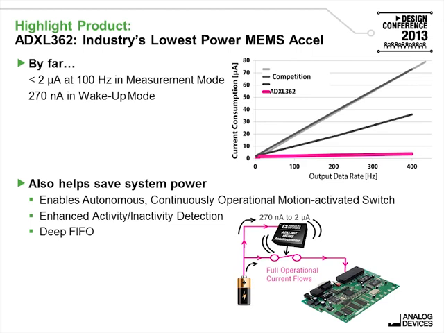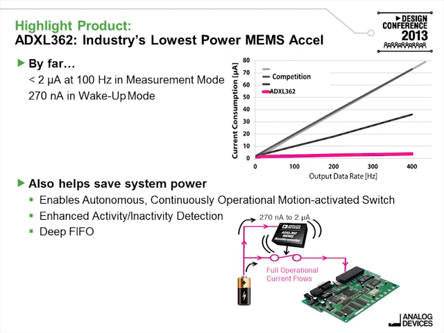This product was released around September of 2012, and its claim to fame, or its outstanding feature, is that it is by far the lowest power consuming MEMS accelerometer that we know of on the market today. It consumes just under 2 microamps when measuring data at 100 Hertz data rate, and it can consume as low as 270 nanoamps in a wake-up mode in which it wakes up periodically to sample acceleration.